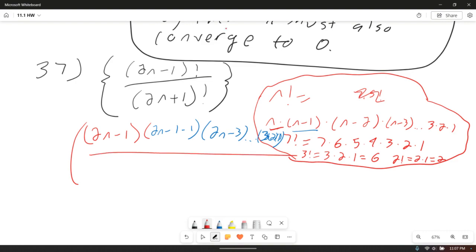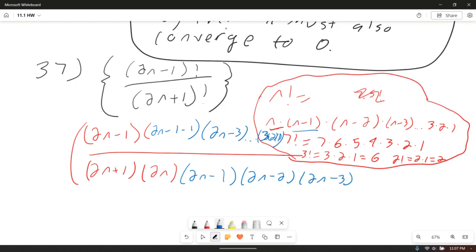And all of this is over 2n plus 1 factorial. Applying the same rule, 2n plus 1 minus 1 is just 2n, which then becomes 2n minus 1, 2n minus 2, 2n minus 3, and so on until we get to 3 times 2 times 1. Here we see something interesting happen.